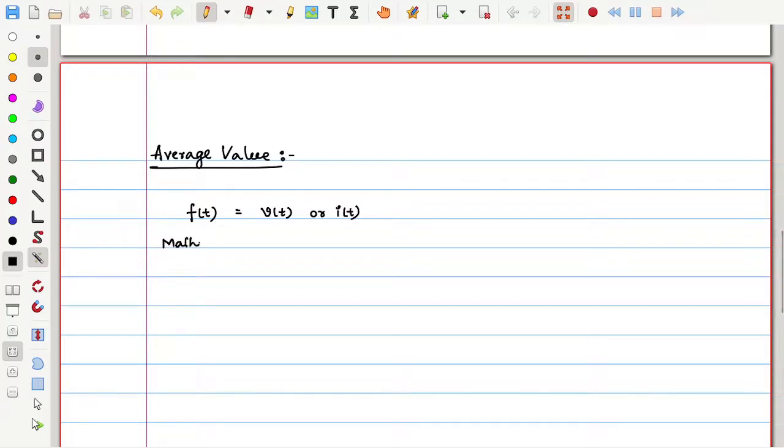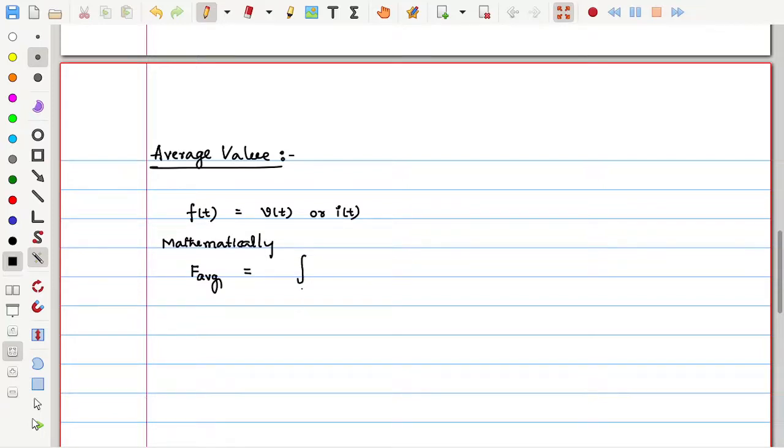Mathematically, we can say that F average, the average value of this function f of t, is equal to the integral over a certain interval of time. What is that interval?